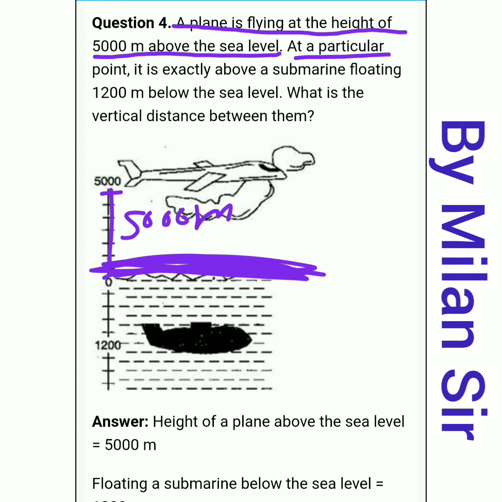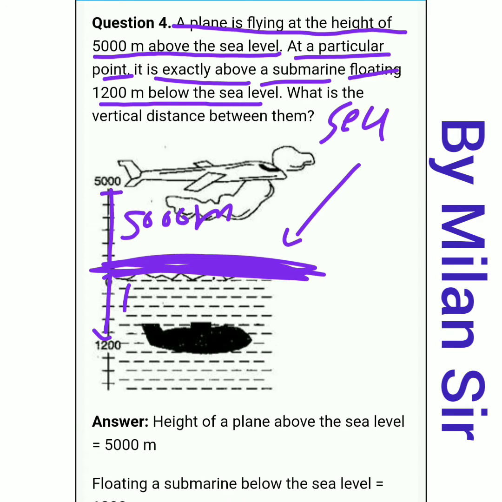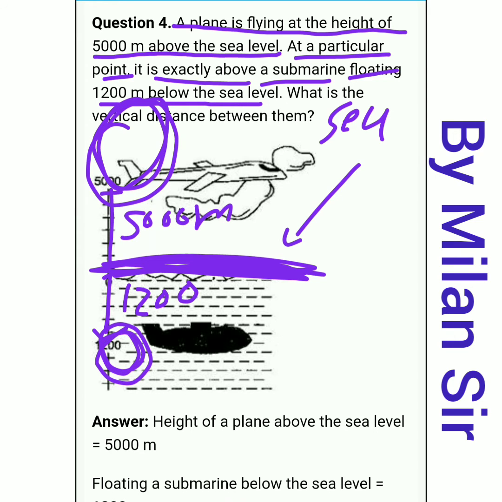Then at a particular point it is exactly above a submarine floating 1200 meter below the sea level, right? This is our sea level. Now 1200 meter below, so this distance is 1200 deep in the water. What is the vertical distance between them? So vertical distance, that means from here to here, that means from submarine to aeroplane.